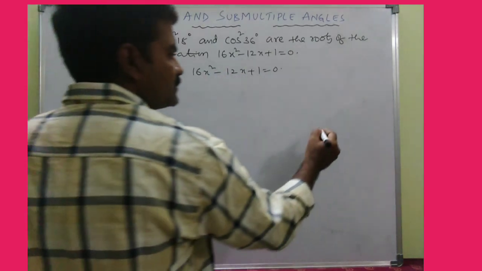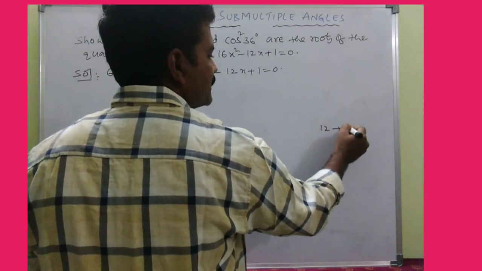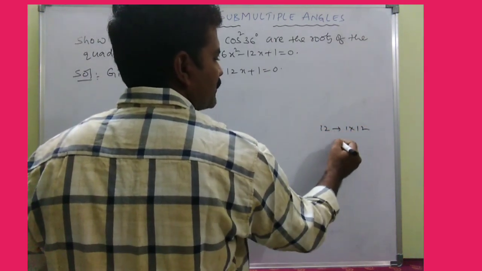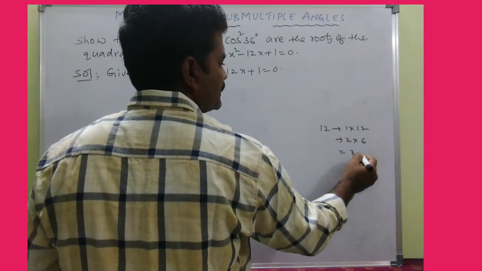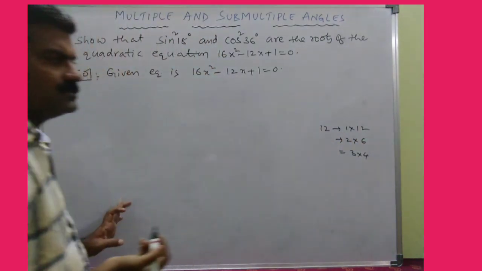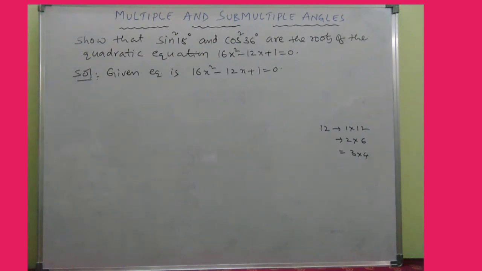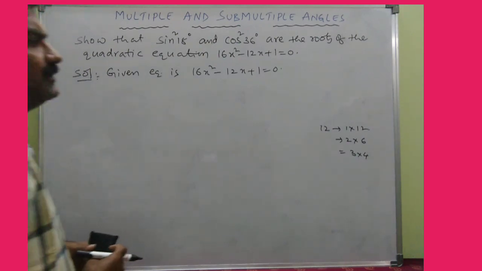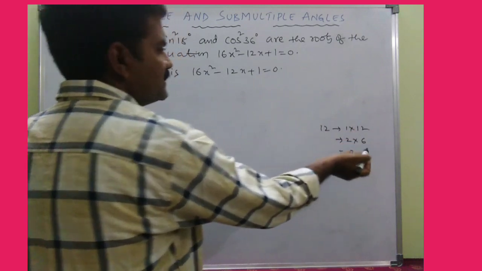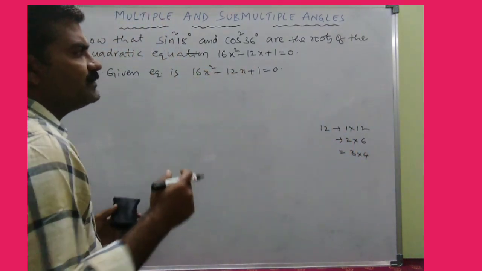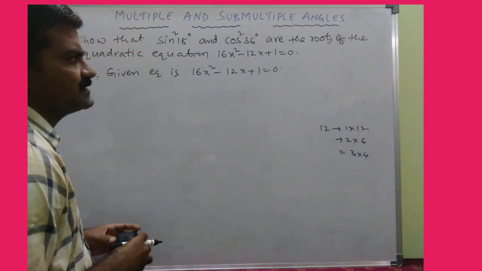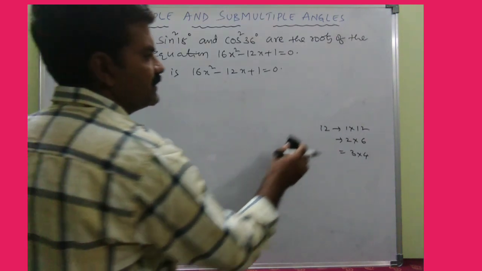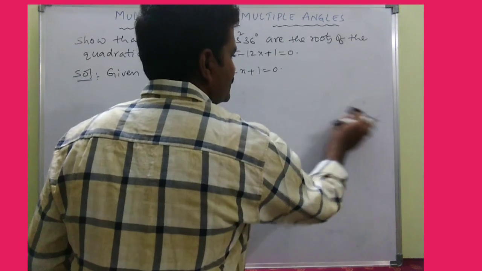Hardly, 12 can be written as 1 into 12, if not 2 into 6, if not 3 into 4. So these are the only chances to write factors. But anyhow, the product we need to get is 16, but nowhere do we get the product as 16, isn't it?